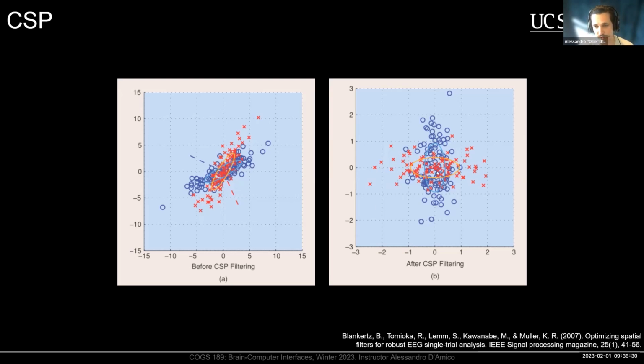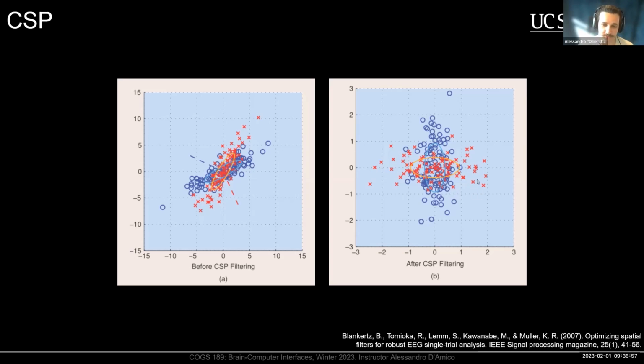So this is what we would expect as an output of CSP afterwards. Now we have these two signals that are independent from one another, they're orthogonal. And we can see that, for example, if we look at the blue circle within our x-axis, the variance is minimized, but in the y-axis, it's maximized, and then vice versa for our red channels.